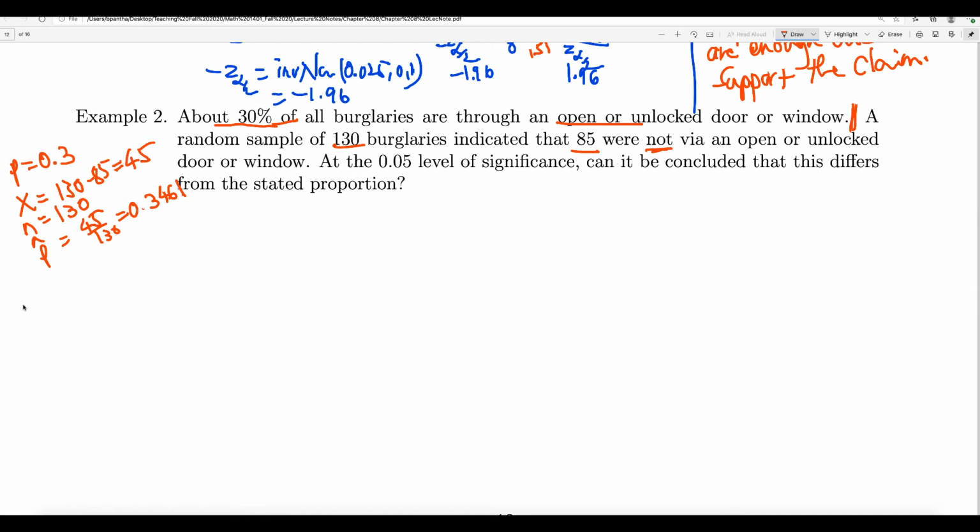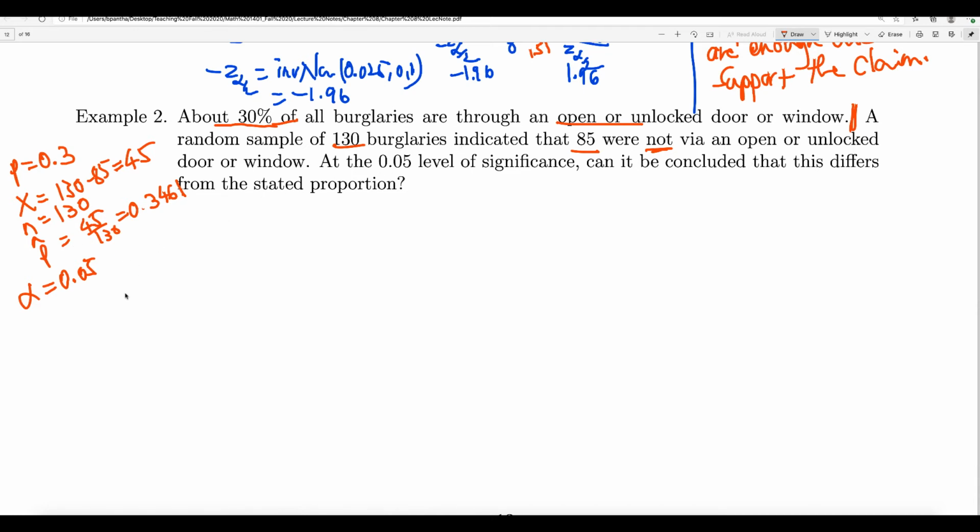So what is alpha? Alpha is 0.05. Let us see whether it is left tail, right tail, or two tail here. Whatever method you apply, you need to list the given things first. It says at the 0.05 level of significance, can it be concluded that this differs from the stated proportion?